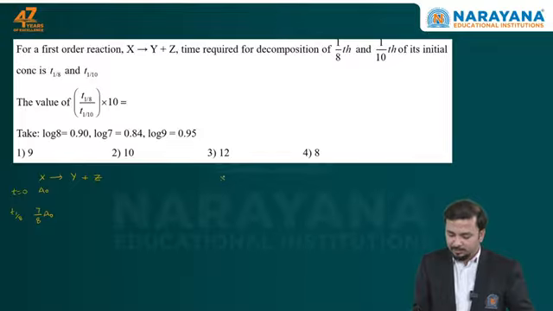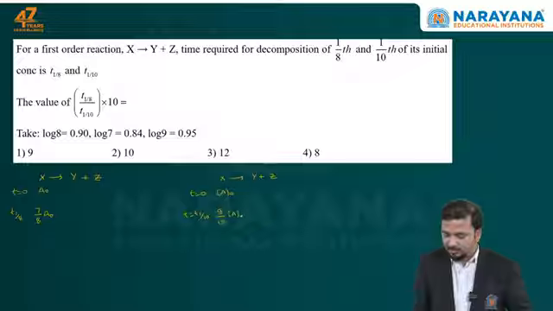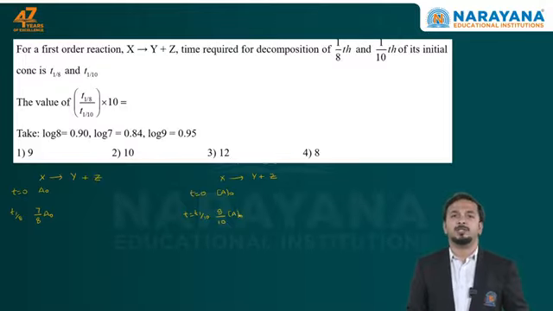We have another same reaction, X gives Y plus Z. In this also at T is equal to 0, concentration is A naught. And at time T1 by 10, they are saying 1/10 of the reactant is decomposed, so left reactant will be 9 by 10 times A naught. So we have got the initial concentration and the concentration at time t.